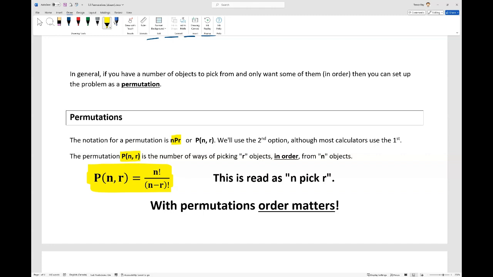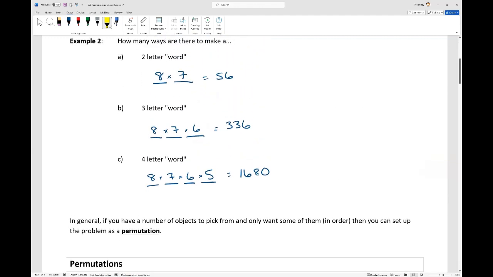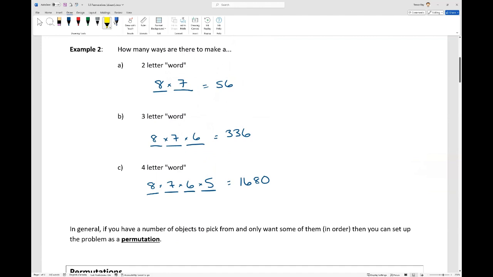And the short form to write that, or the actual definitional equation for it, is n factorial, which would be arrange all of them, divided by (n minus r) factorial. So again, I'm just going to go up a little bit and show you that for the first one, the 2-letter version, we did 8 times 7. Well, that's the same thing as 8 factorial, but without the 6, 5, 4, 3, 2, 1.